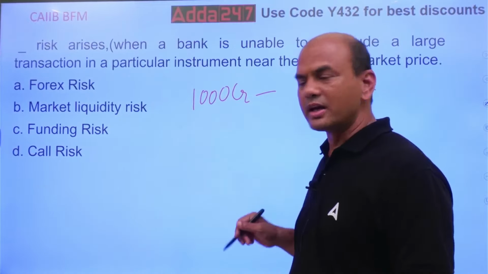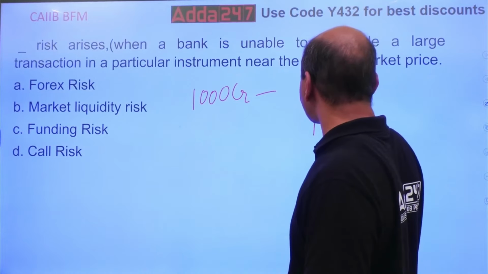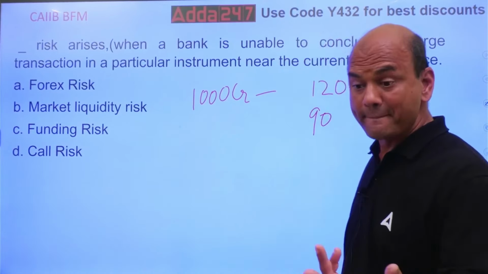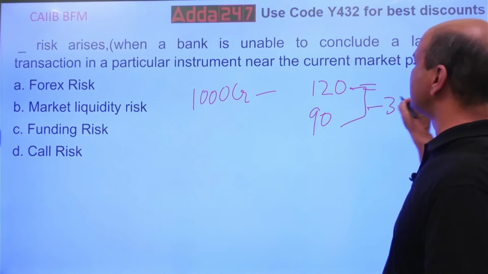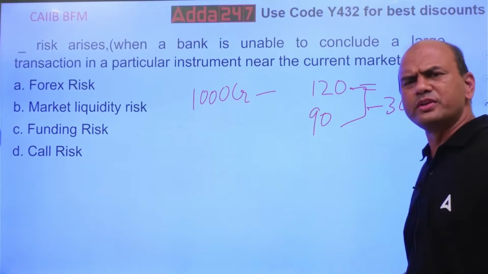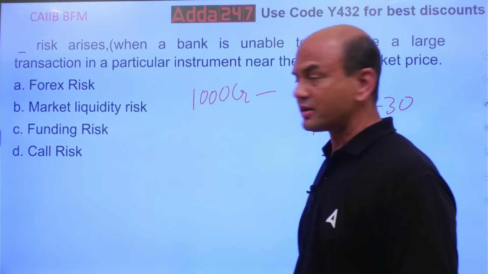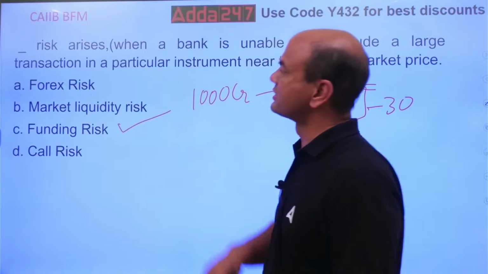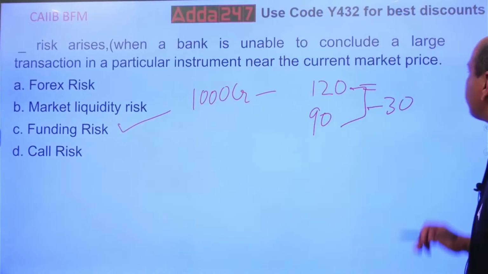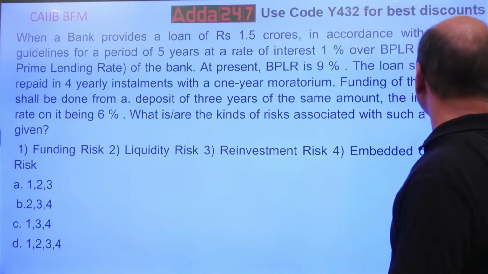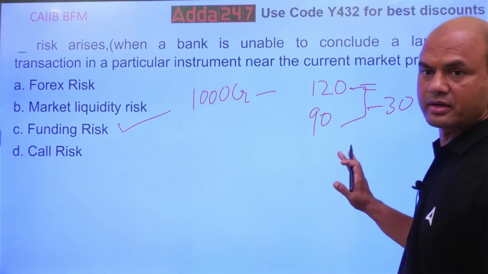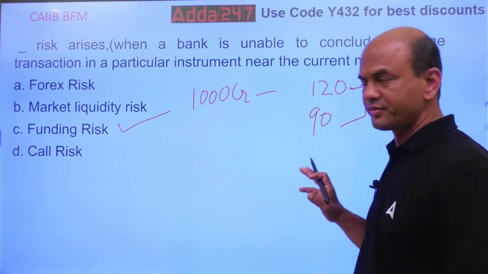I'm not able to sell it. I'm able to sell this at 90. 30 difference, 30 into this 1000 crore. Huge deficit, isn't it? So this is known as funding risk. Got it? Clear everyone, this concept, this one clear? Move ahead.